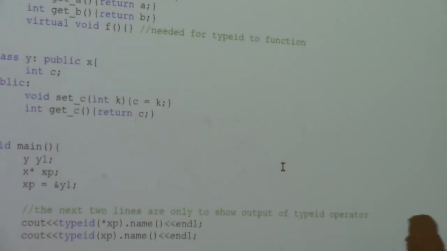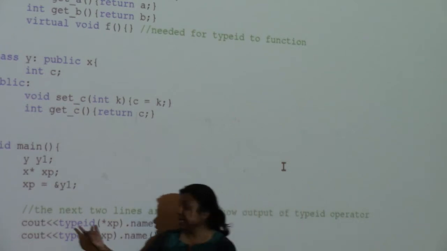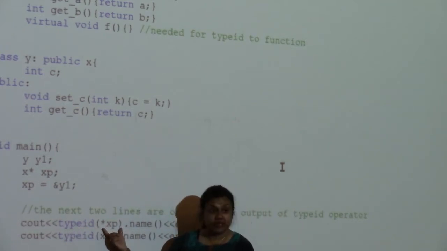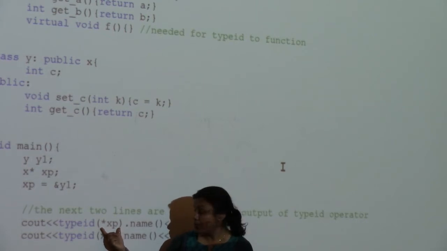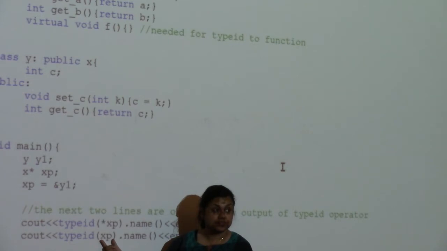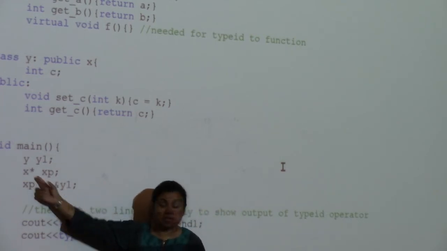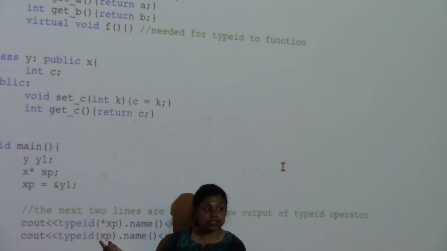So here, when I say typeid(*xp), okay, what is the difference between xp and *xp? What's xp? X pointer, right? X base class pointer. So what is the type of xp?